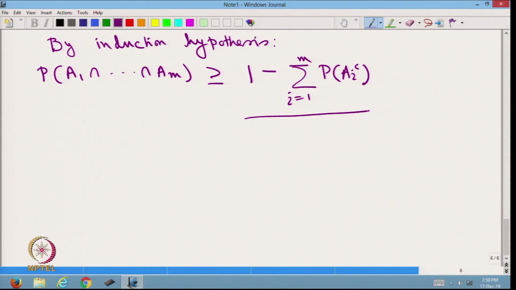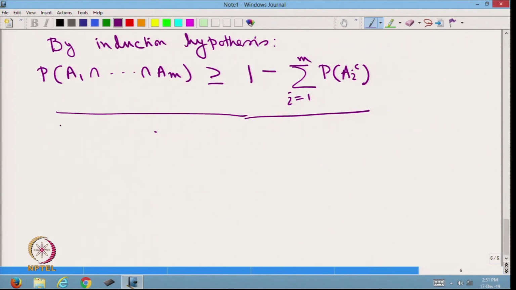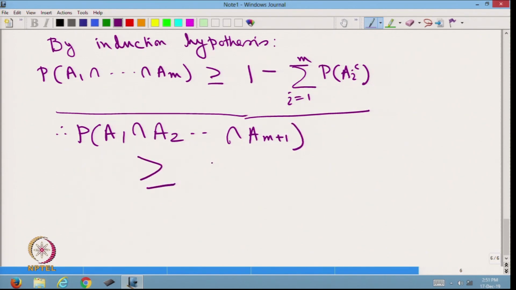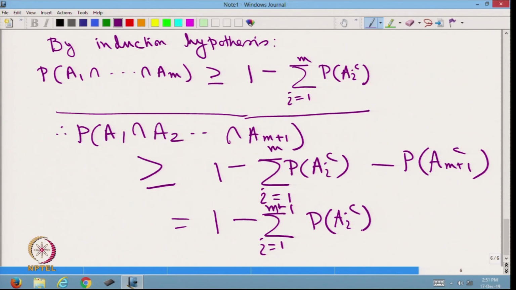Therefore, when we plug in this result here, we get that probability of A1 intersection A2 intersection A m plus 1 is greater than or equal to 1 minus sigma probability of Ai complement, i equal to 1 to m, minus probability of A m plus 1 complement, which is nothing but 1 minus sigma i equal to 1 to m plus 1 probability of Ai complement.